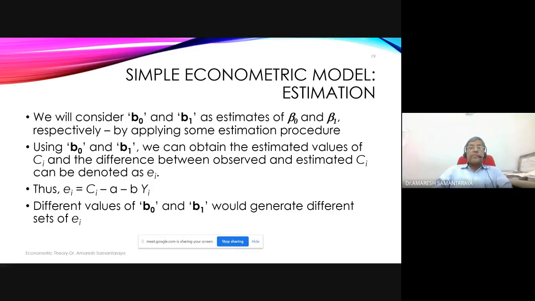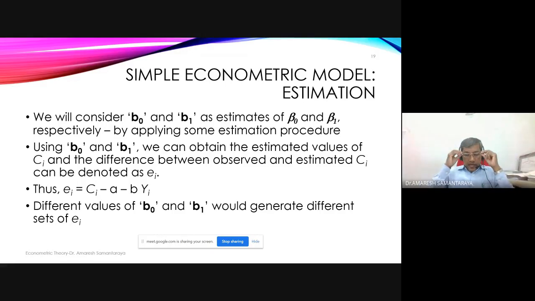Okay, I'm proceeding. See here, the beta 0, beta 1 which we estimated using OLS, we have been discussing theoretically until now. There is a theoretical model like the Keynesian consumption function, or a theoretical model like the law of demand, and in that theoretical model beta 0, beta 1 are the coefficients.